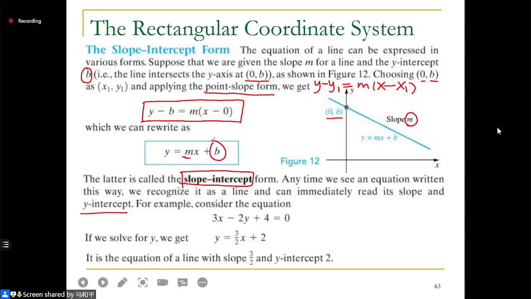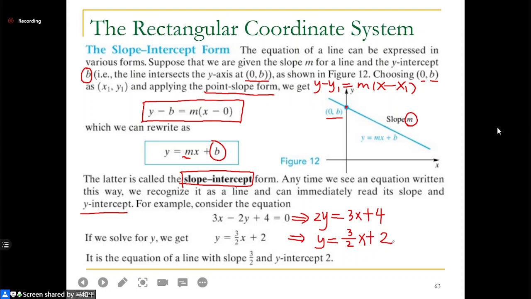For example, consider the equation 3x minus 2y plus 4 is 0. Then we can simplify it. From this, we know 2y is equal to 3x plus 4, right? And then y is equal to 3 over 2 x plus 2.